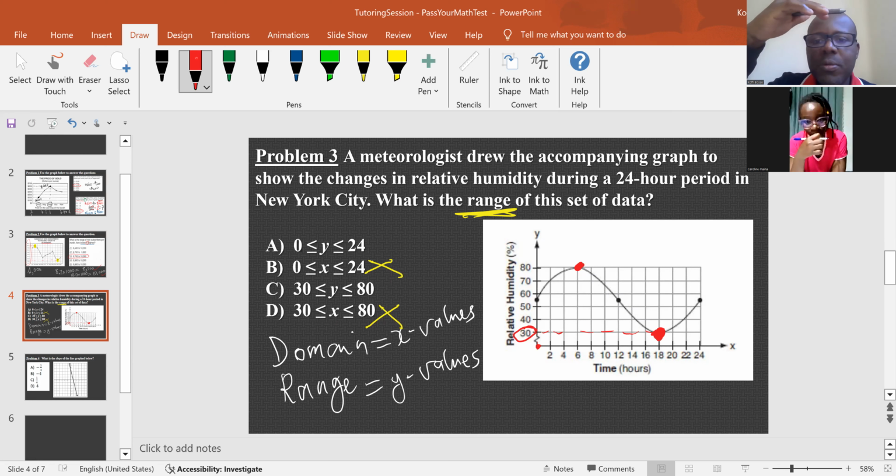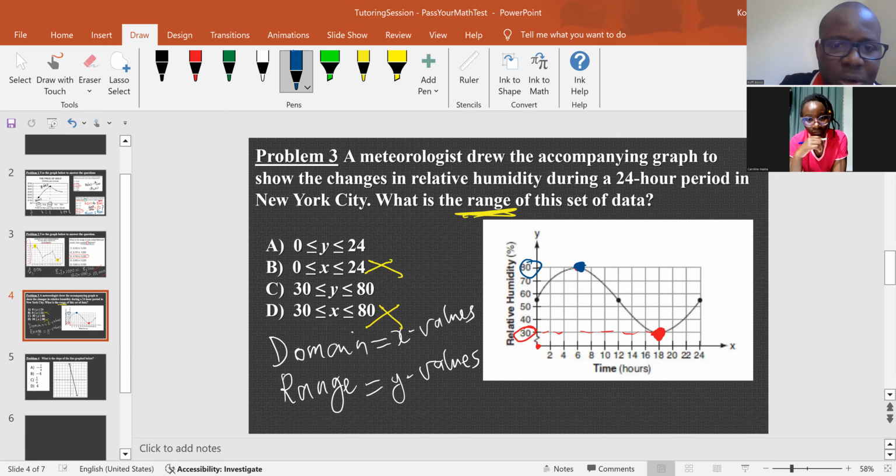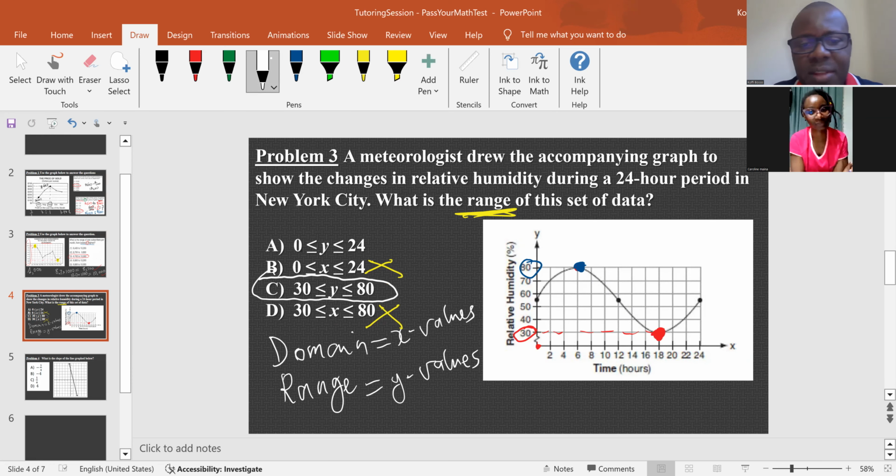And the last time you see the graph before you leave it is this blue point, and it's related to 80. So the correct choice is C. Like you said, 30 is less than or equal to y, which is less than or equal to 80.